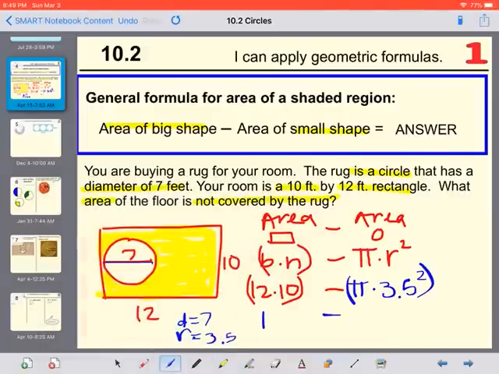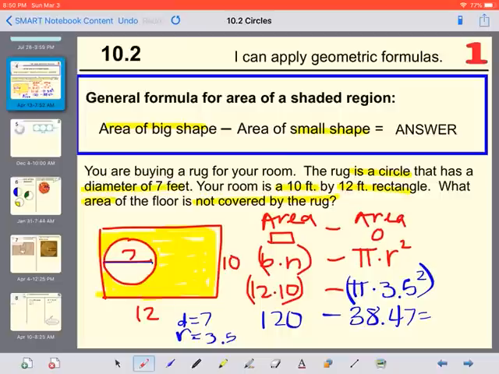Let's solve each of these and then subtract. 10 times 12, just putting a 0 on the end, is 120. And then pi times 3.5 squared, this is one I'll definitely need my calculator for. 3.5 times 3.5 times 3.14 for pi gives me 38.47 if I round to 2 decimals. So the area of the whole room is 120 feet squared, and the area of the rug is 38.47 feet squared.